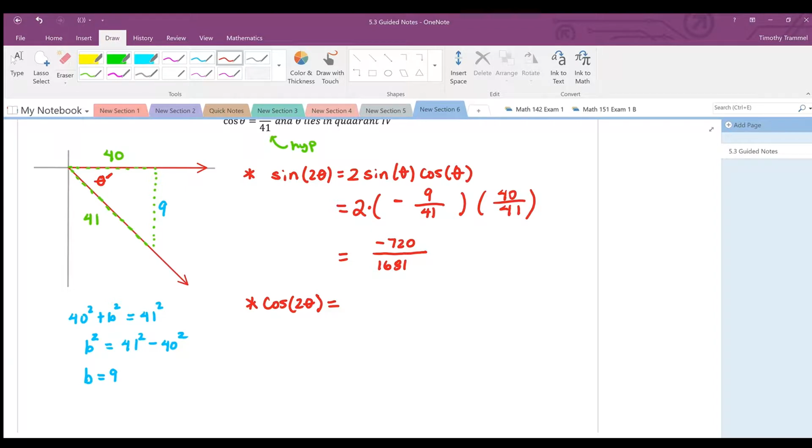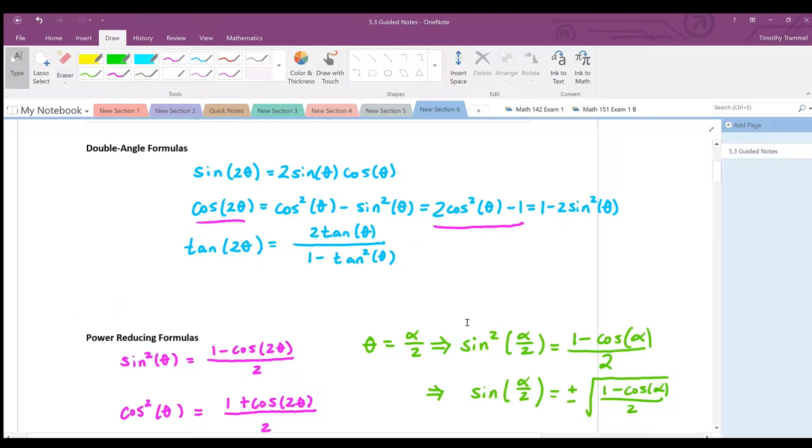Okay, so maybe sine theta or cosine theta, or maybe even sine squared of theta or cosine squared of theta. Something with just theta as the argument. So now that we're up here looking at our double angle formulas, we can see that we have cosine of 2 theta in one of these identities. Let's try and use that one.